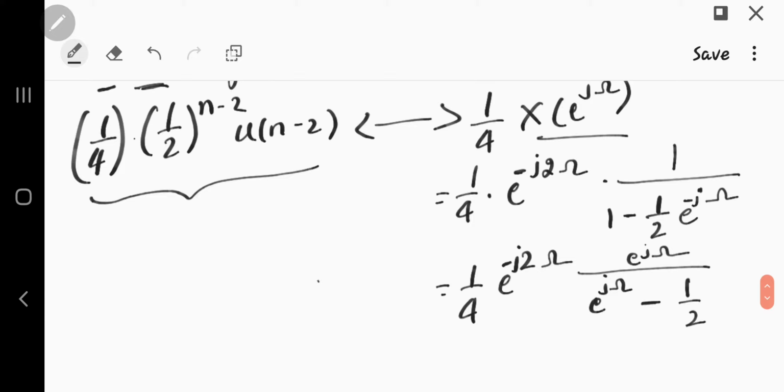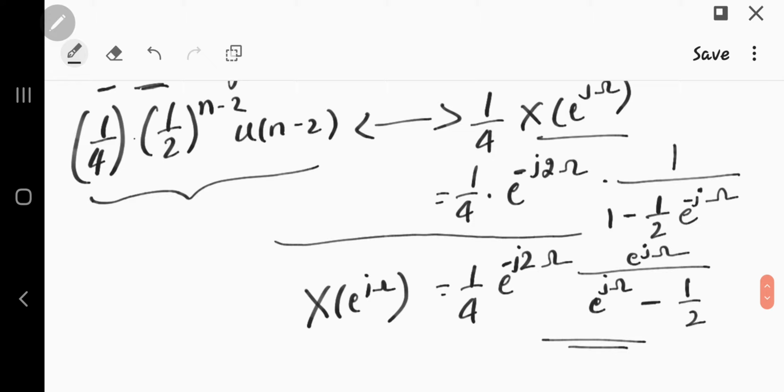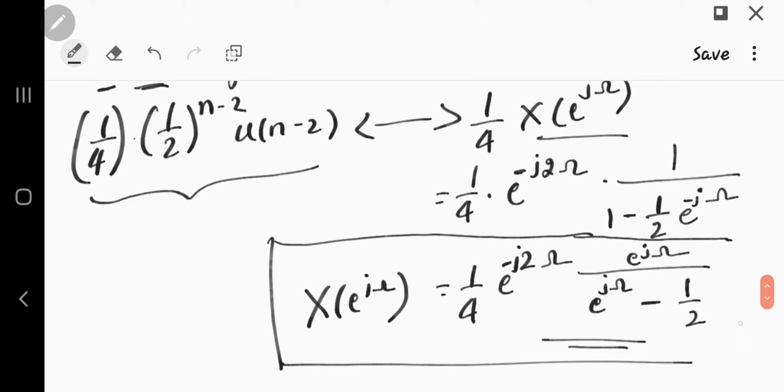So this will be the final answer for the signal. That means we have computed x of e power j omega using the property. So this is the end result. We can stop here or here. So this is how we get to the end solution using the properties.